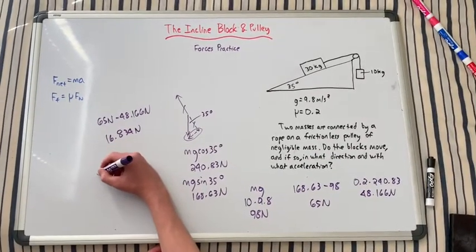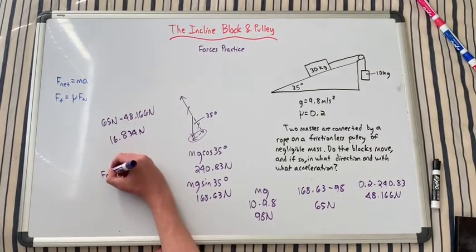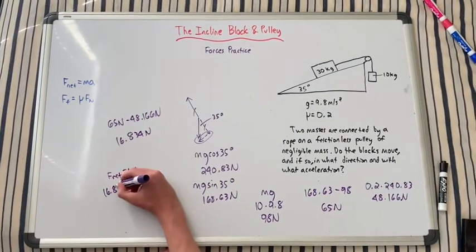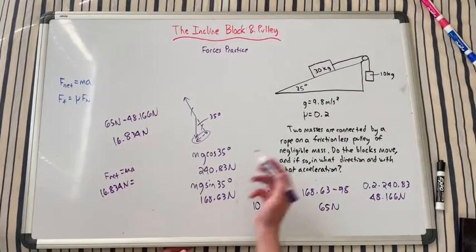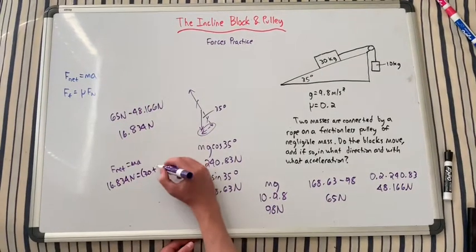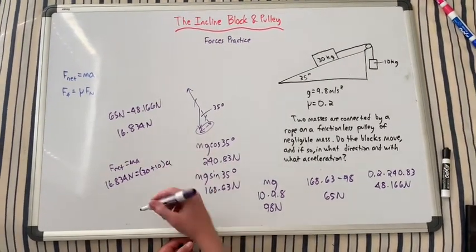So we know that F net equals ma, and F net is 16.834 newtons, and that's going to be equal to the combined mass of the blocks, so 30 kilograms plus 10 kilograms, times the acceleration.